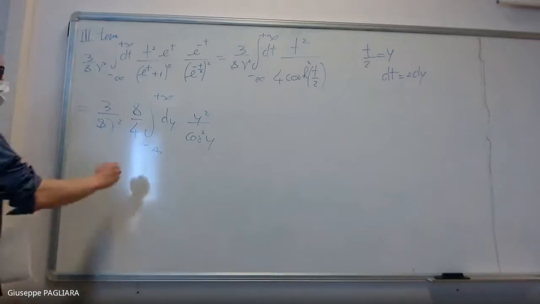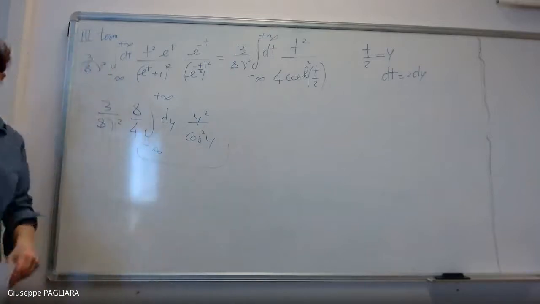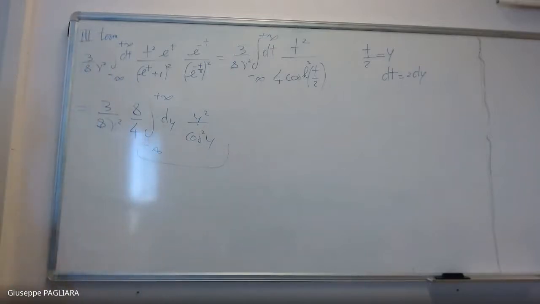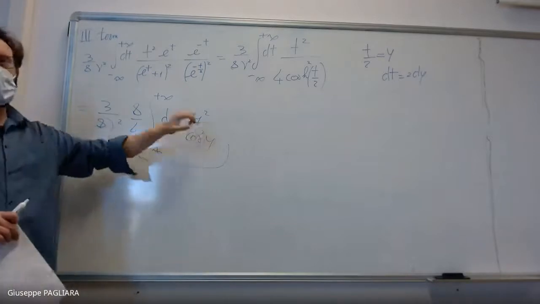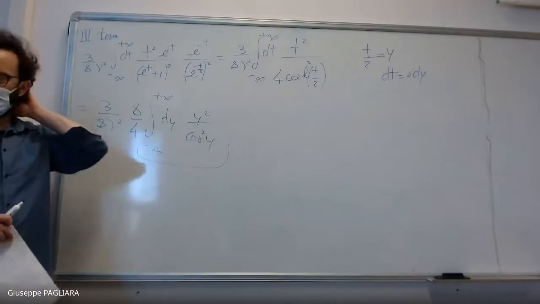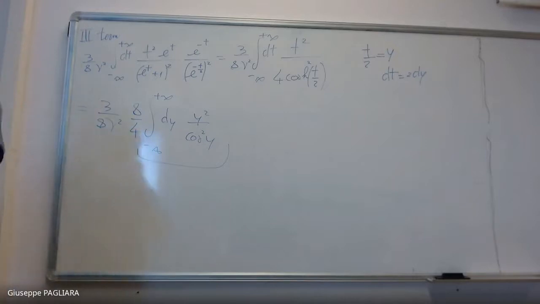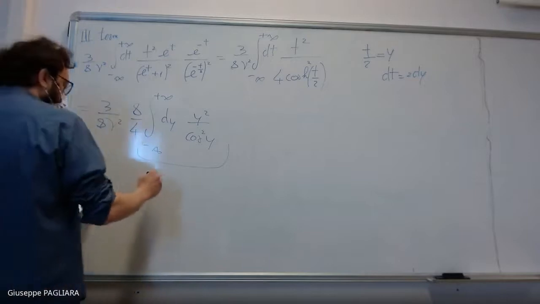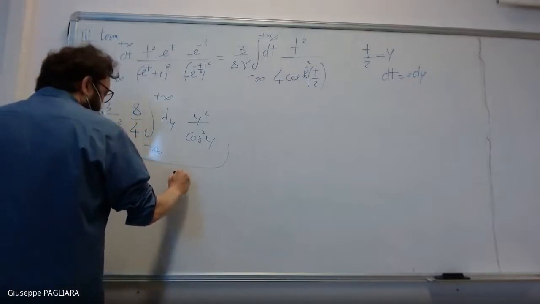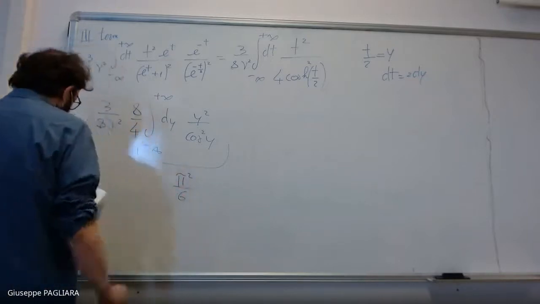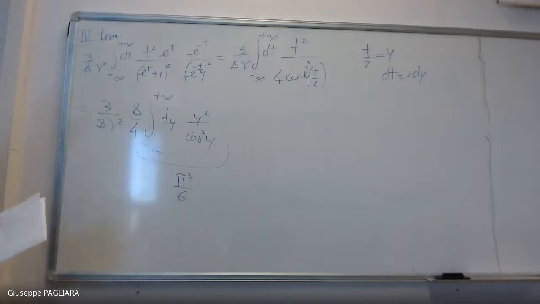Now this integral, I'm not going to do it. This was an exercise for the course on mathematical physics. One can do it with the residue theorem. I'm not going to do it. And this is equal to pi squared divided by 6. Okay, so then I have to collect all the results. I have 8 and 8 cancels.